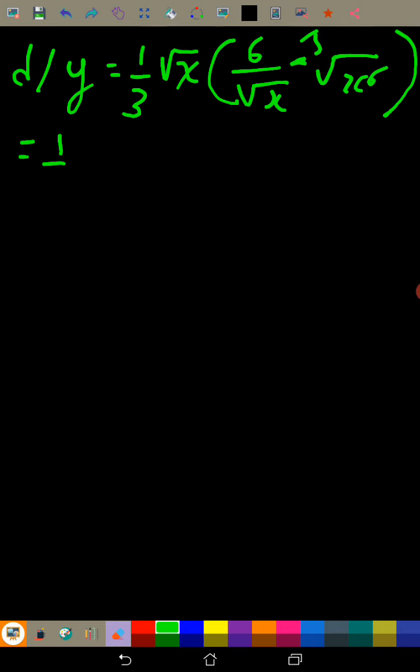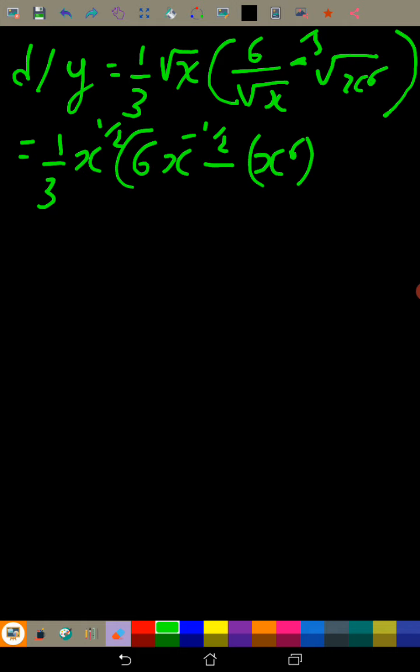We have this x half, and in the bracket we can say 6x minus half minus x to the power of, this is interesting, so we have x to the power of 6 to, there was minus here, so it's going to be just a second, 3 half, that's going to be half here. Am I mistaking here, or is it correct? I think it's correct.